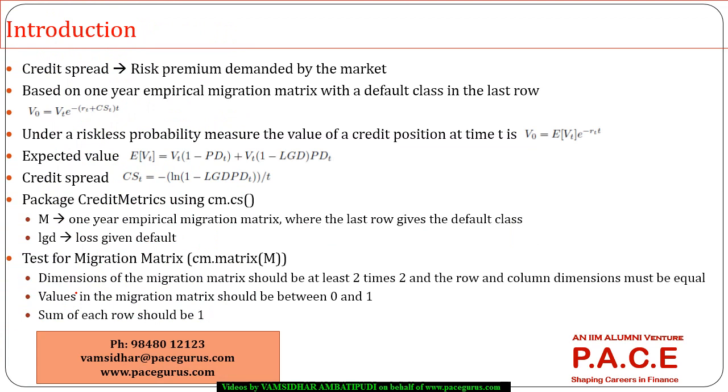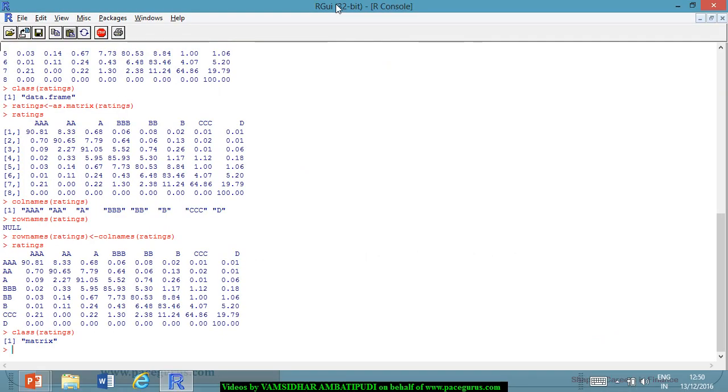Now let's understand how we compute the credit spread, and once we have done with that, we'll use the corresponding package and the function. Credit spread, as I have already talked about, is the risk premium that is demanded by the market, because there is some chance that a security which has a AAA rating today, there is a 0.01 percent chance that it will default.